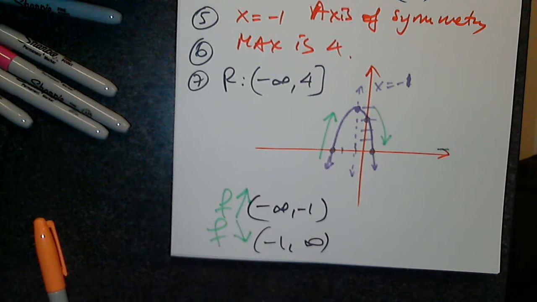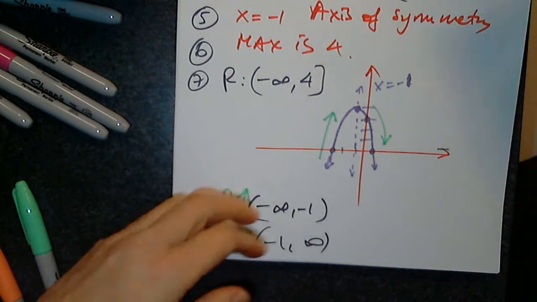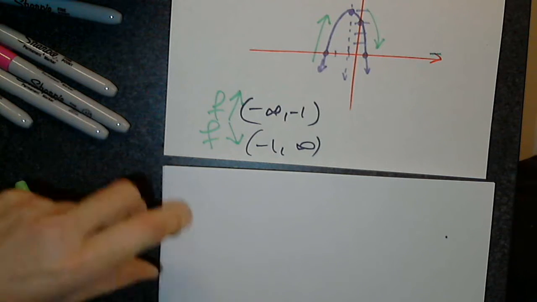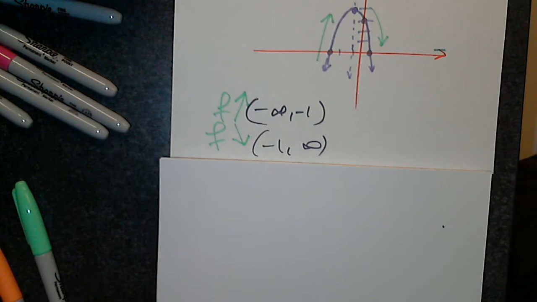Okay, moving on to polynomial functions. And you can say, but wasn't this polynomial? Yes, it was. But normally when we talk about polynomial functions, we mean degree 3, 4, 5, 6, and so on and so forth. But you're right. If you had said the linear function is polynomial, I would have said yes.